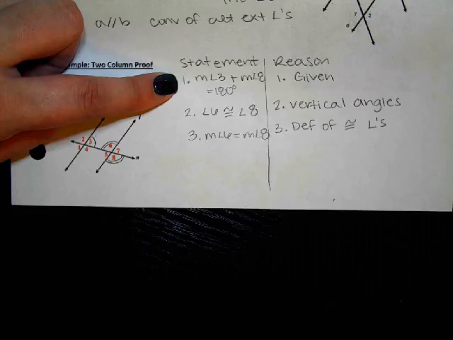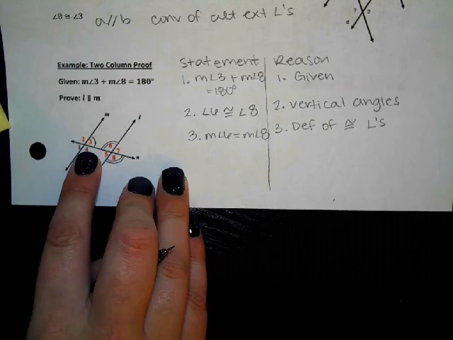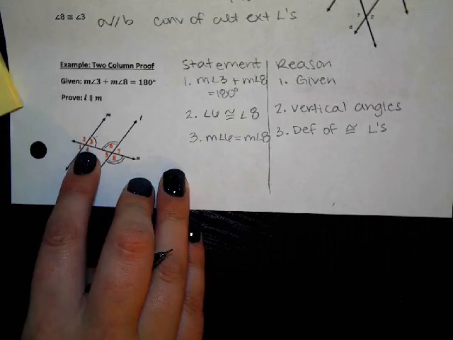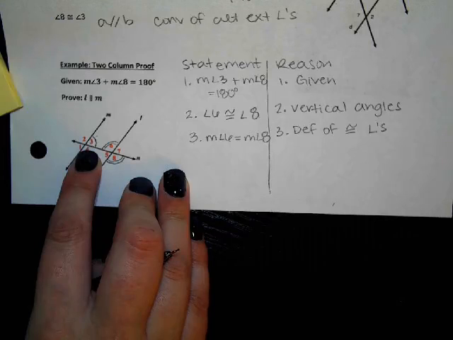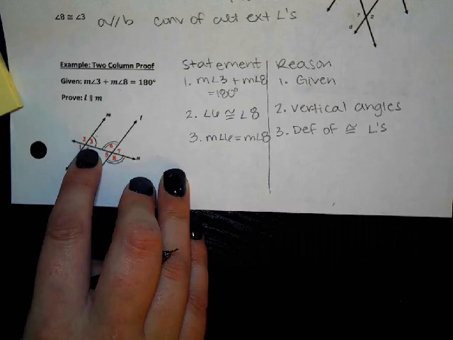Okay. Now, look at my drawing in the picture. What do I have in the picture? What information do I have? Six. So we have 6 is congruent to 8. What else do you see?